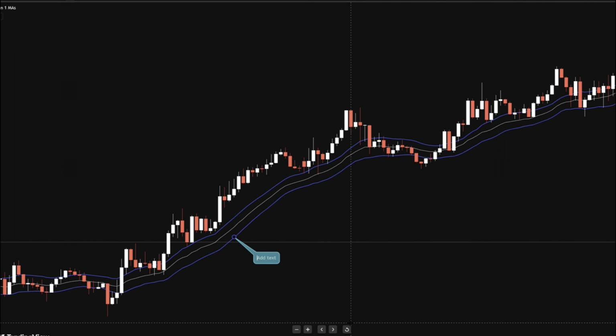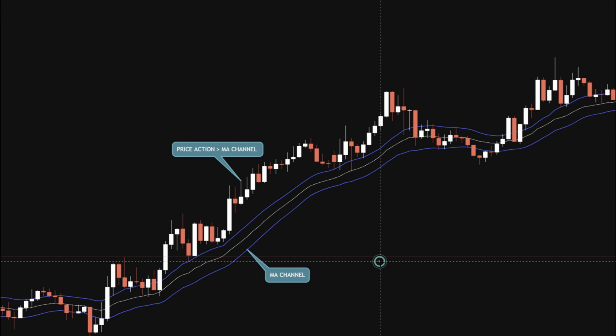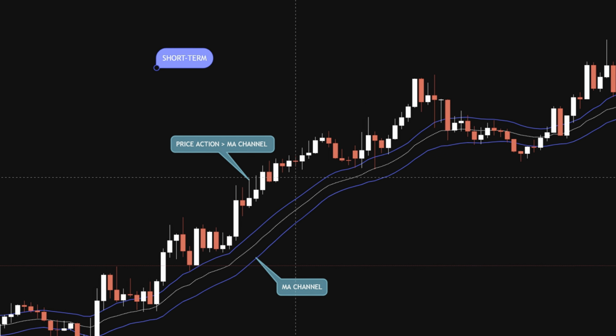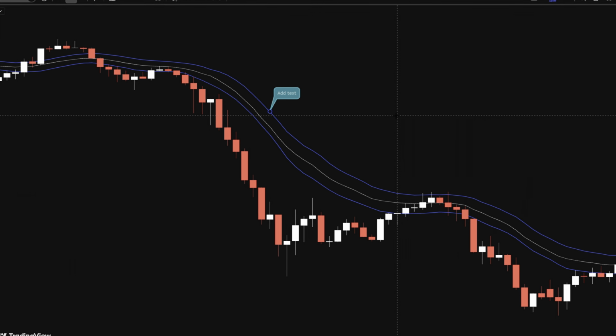When price is flowing above this channel, the short-term trend is up. When it's trapped below, the short-term trend is down.